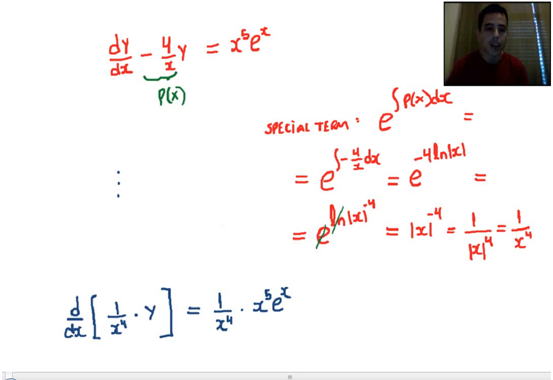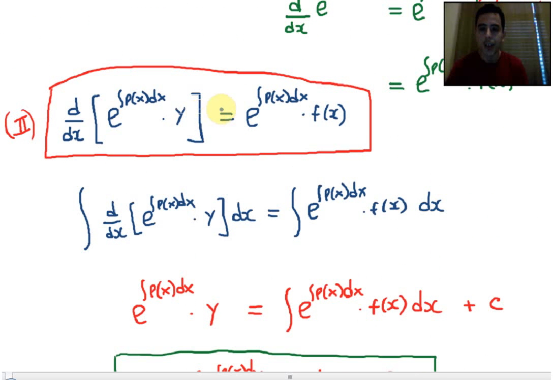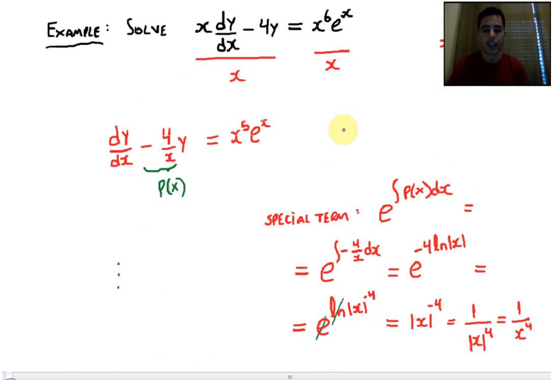Recall this way of writing the original differential equation: d/dx of the special term times y equals the special term again times the right hand side of the differential equation after we clean it, after we make dy/dx a clean term.